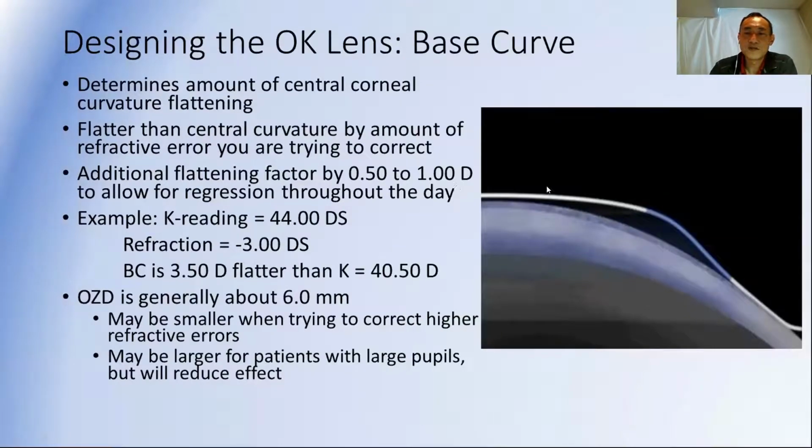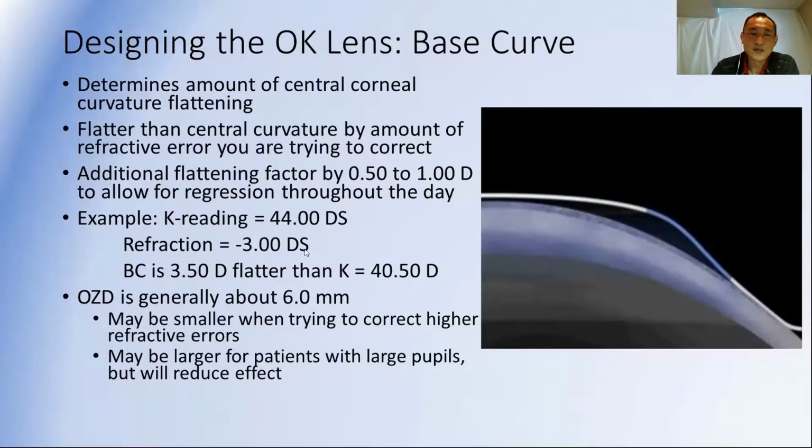In terms of the base curve, how flat do you make the base curve? Typically, the base curve is made flatter than the central K reading by the amount of refractive error you're trying to correct, and another half diopter flatter than that, which is like a regression factor. You want to correct more and not less. Maybe push them a little bit into hyperopia when they first take the lenses off, so that they maintain good vision throughout the day.